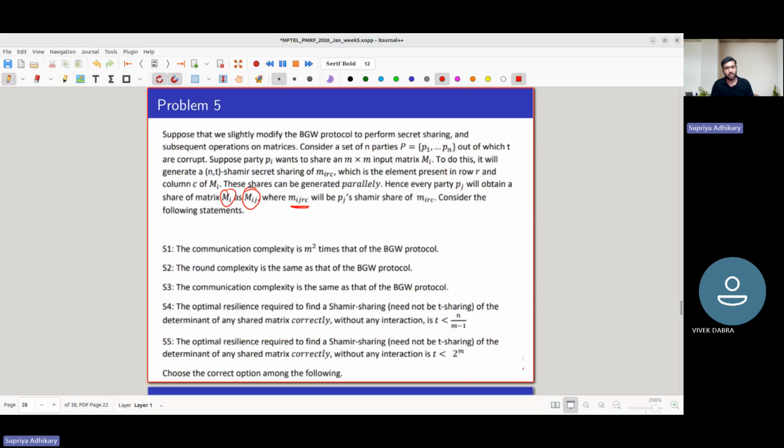So it is basically what you are saying, that each matrix is considered as one single element. That is exactly what it is doing in this modified BGW protocol.